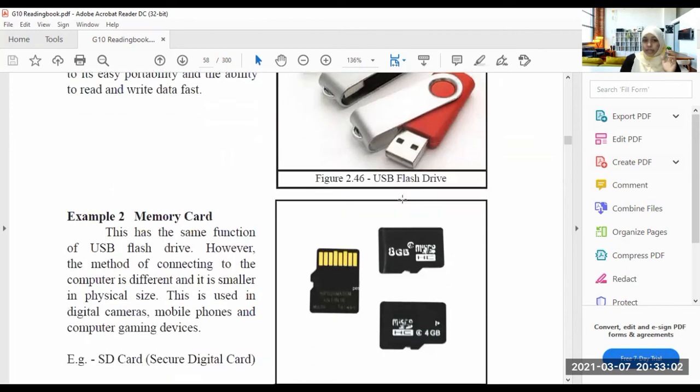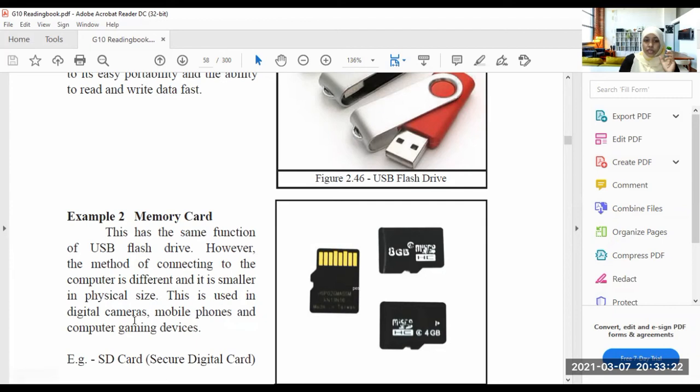Memory cards are also like that. They have the same function as a USB flash drive. However, the method of connecting to the computer is different, and it is smaller in physical size. It does not use a USB port, right?